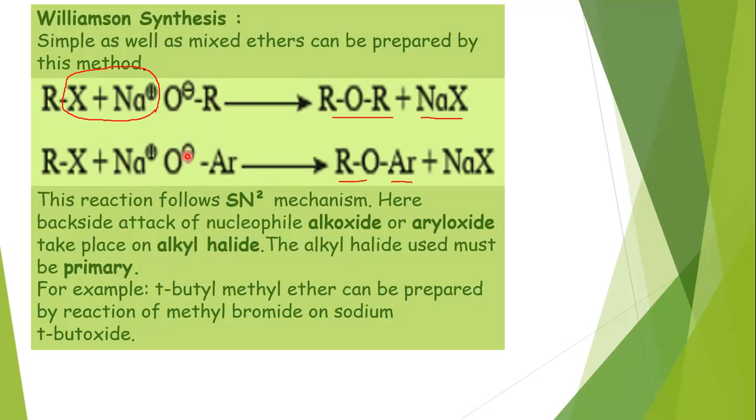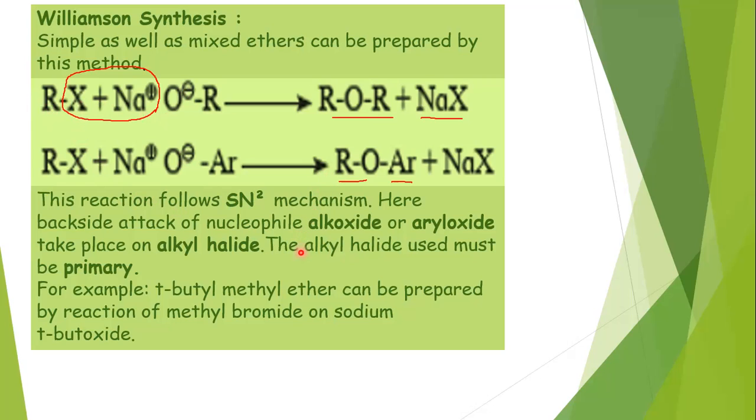Why backside attack? In halogen derivatives of alkane, we have seen the front side is blocked by bulky leaving halide group. So nucleophile attacks from backside to give transition state, and then the bond forms and product formation takes place.